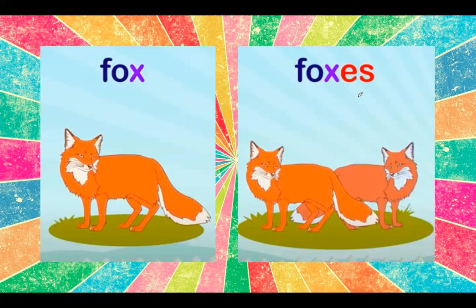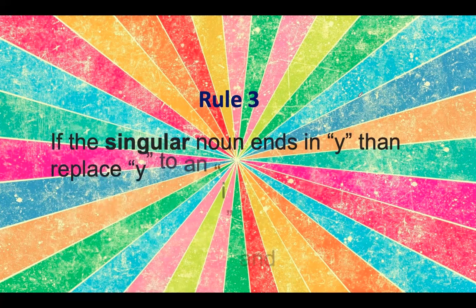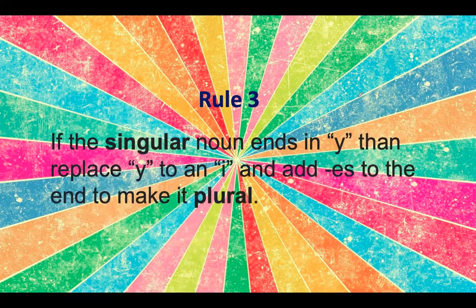Now we need to learn two more rules of how to change singular into plural. Now let's begin with the new rule, that is rule number 3. If the singular noun ends in y, then replace y with i and add es to the end to make it plural.